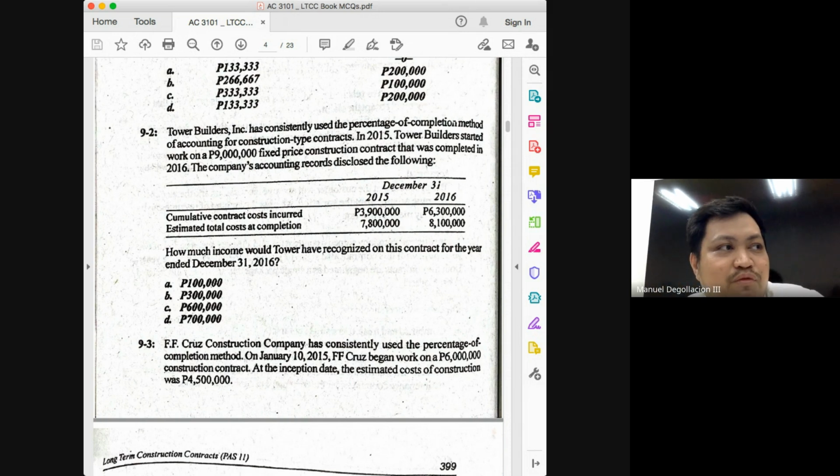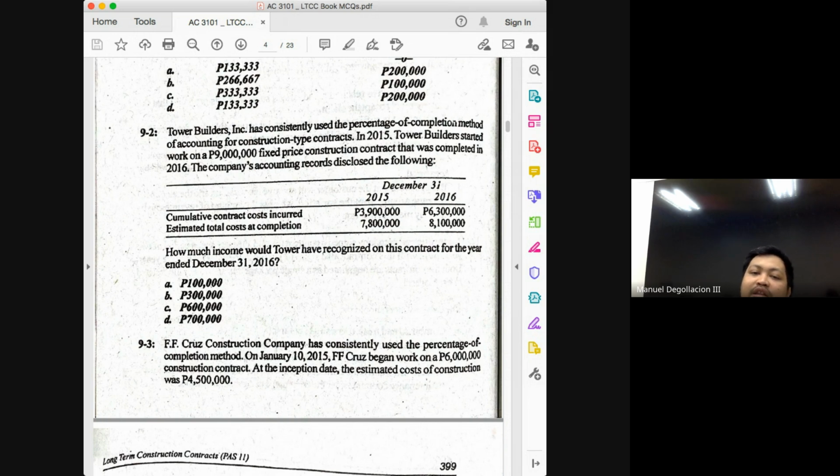You multiply 7/9 with the expected gross profit. How much? 900. So 7/9 times 900,000 will give you 700,000. Is that the answer? No, the 700,000 is the cumulative as of 2016. What's the next step? Deduct the previous year's RGP, cumulative RGP. How much have we recognized in the past period? 600.